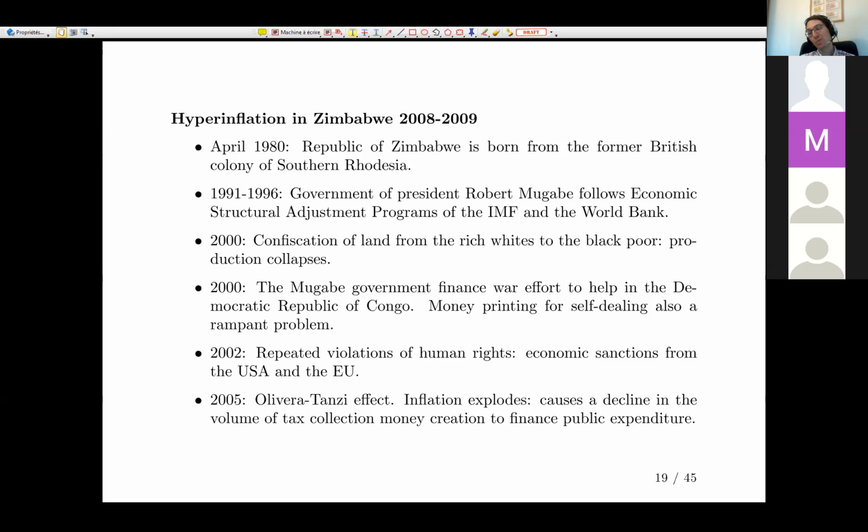But in exchange, we get to tell you how to manage your economy well. And what do we think is the best way to manage an economy? Well, of course, it's to copy what the most successful economy in the world does, which is, of course, the United States. So they try to emulate this.